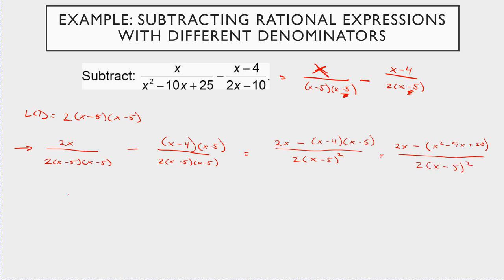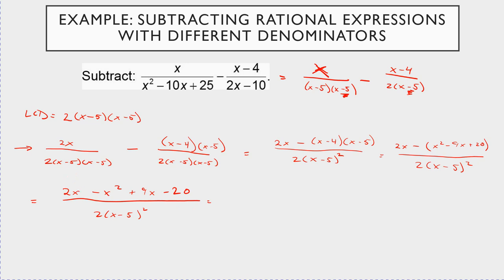Let's distribute the negative. So this is 2x minus x squared plus 9x, and the reason it becomes plus 9x is negative, negative is a positive, and then minus 20, all over 2 times x minus 5 squared.